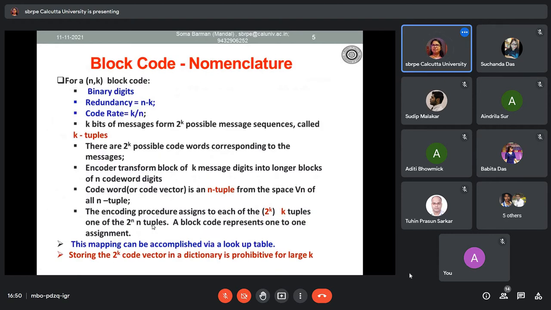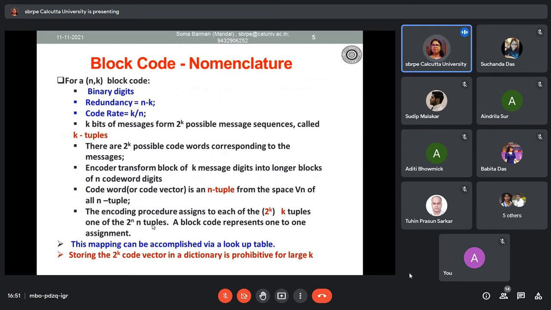Now some nomenclature is used for coding techniques. In an (n, k) block code, n is the length after coding and k is the number of message bits. The redundancy is n minus k.